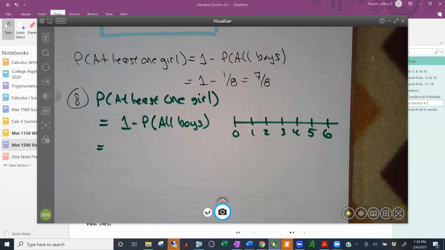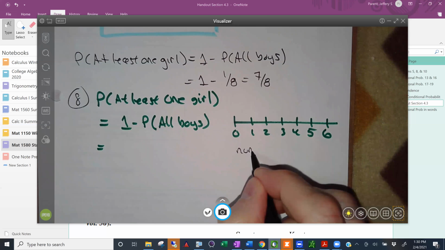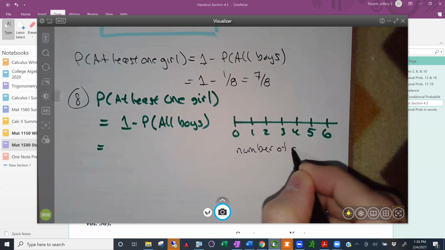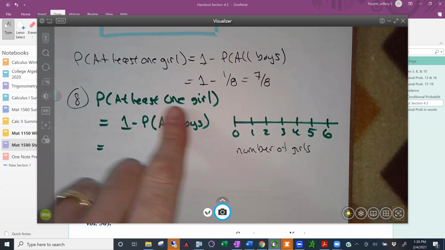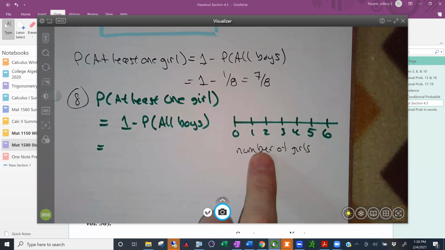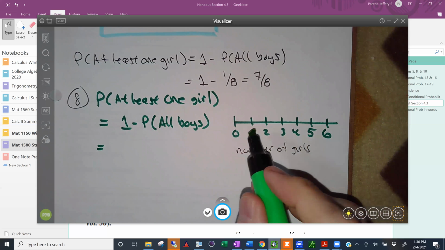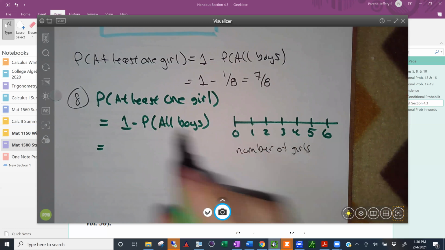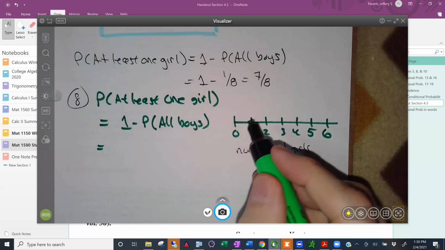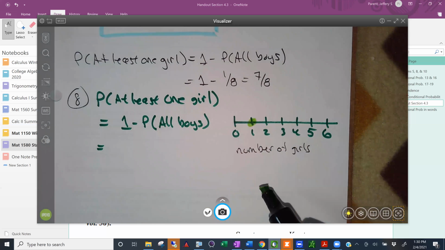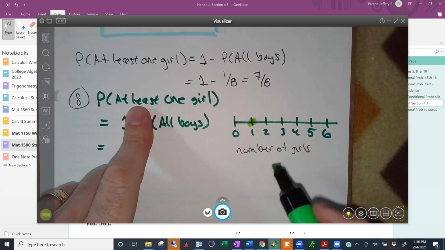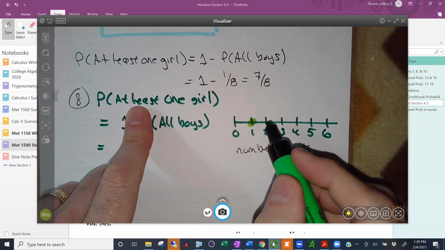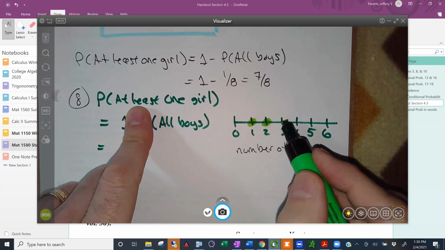So at least one girl. So let's let this be the number of girls. What events here would satisfy at least one girl? Could I have one girl? Would that work here? Yeah, one girl would work. How about two? Would that meet the requirements of at least one girl? Yes. Yeah, 2 or 3.